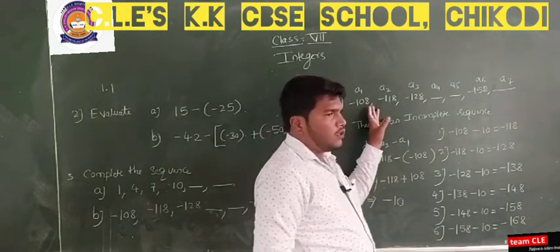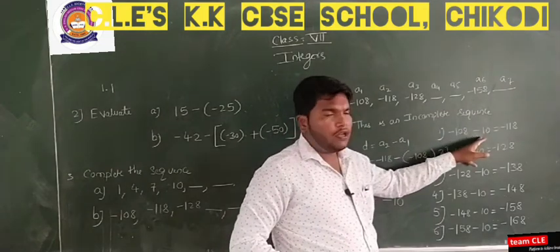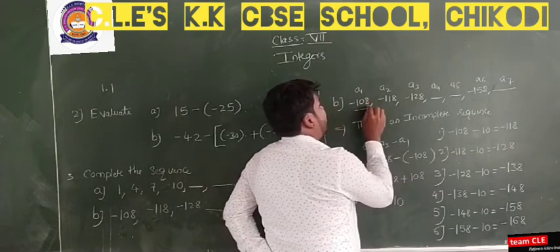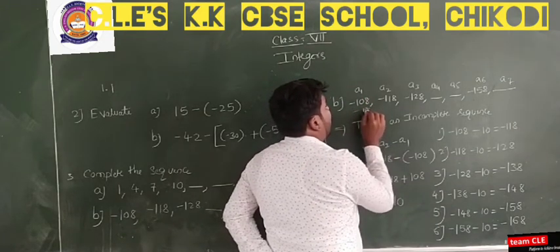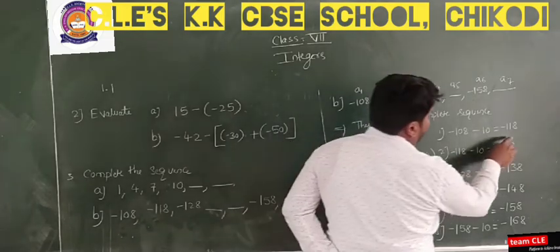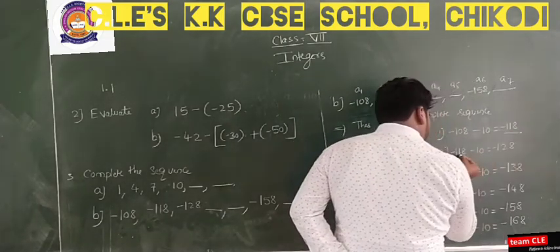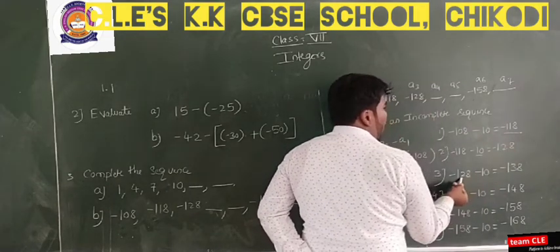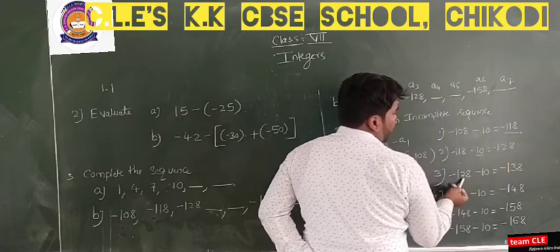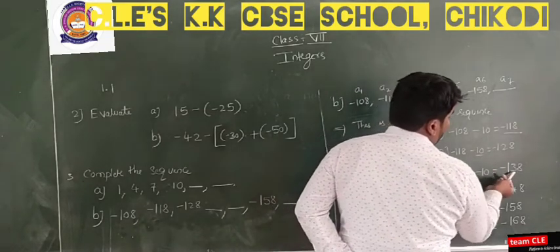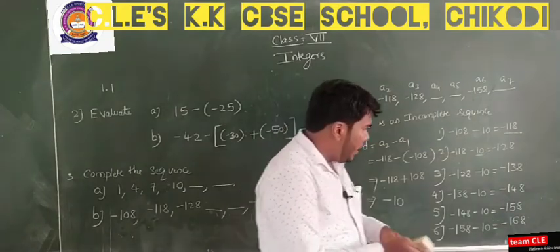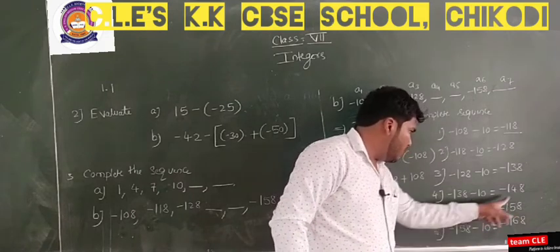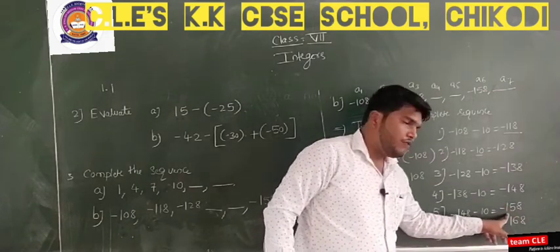Just put in this incomplete sequence and add this minus 10, and you will get the complete sequence. The first term is minus 108, add minus 10, and I get minus 118. Take this answer, add minus 10 again, you get minus 128. Minus 128 minus 10 equals minus 138. Then minus 138 add minus 10, you get minus 148. Minus 148 add minus 10, you get minus 158.